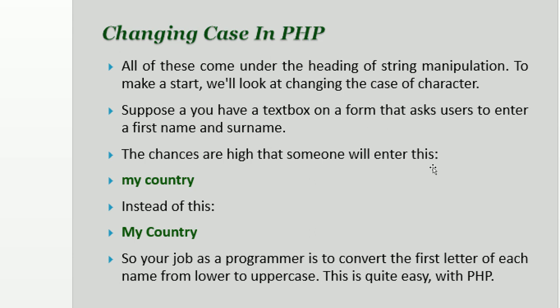So there must be something behind that which will check whether you entered right data or wrong data. Is it clear? Your job as a programmer is to make sure that the data I am getting from the user is according to the need of the database or not. Clear? So the first letter of each name should be changed from lowercase to uppercase.